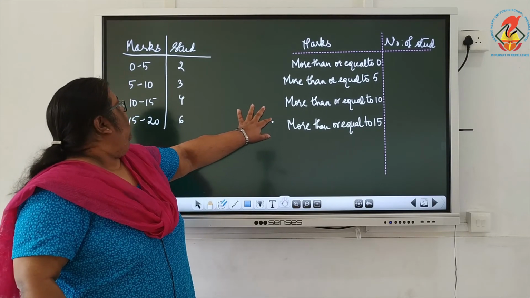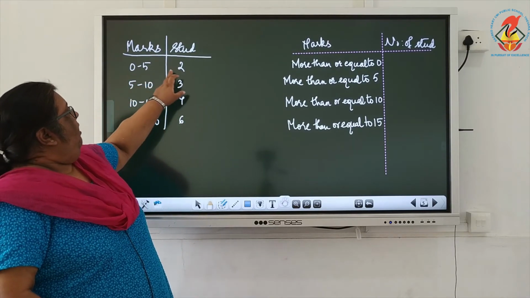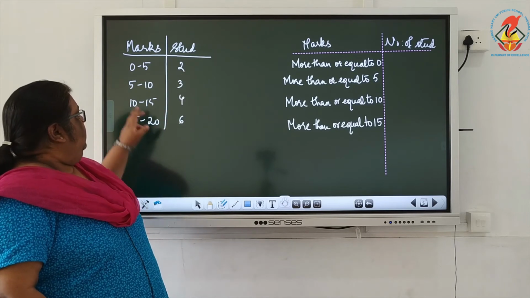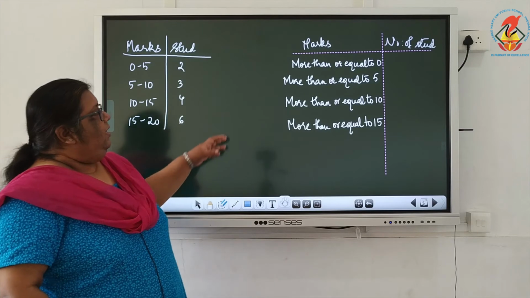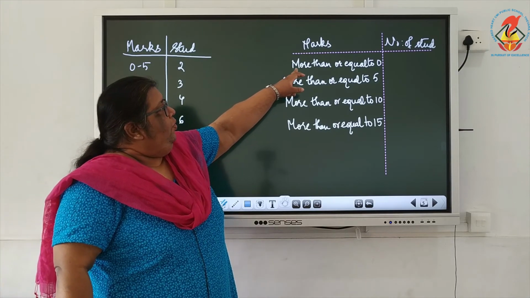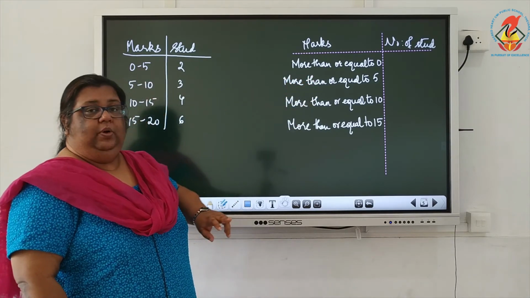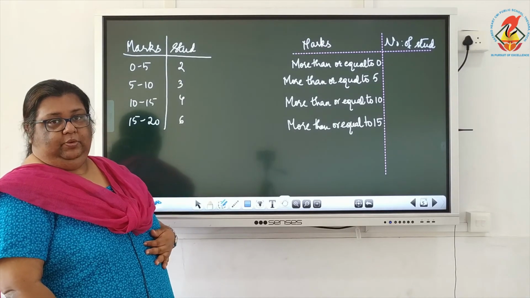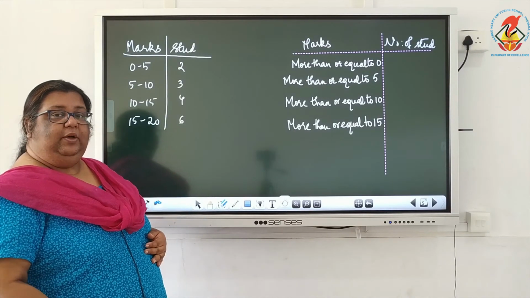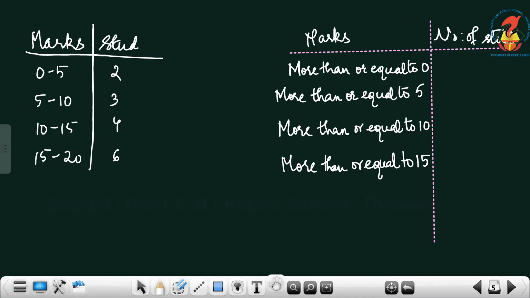This was our data. Between 0 to 5 marks, there were 2 students. Then between 5 to 10 there were 3 students. Now children, can you tell me, more than or equal to 0, how many students got marks more than 0? Total how many students were there who got marks more than 0? It is 15 students.